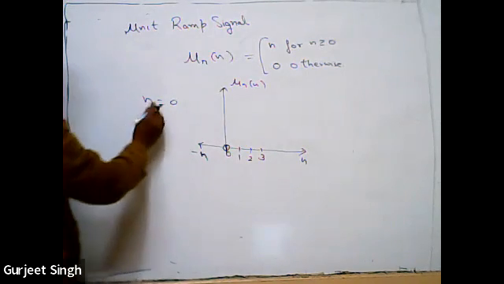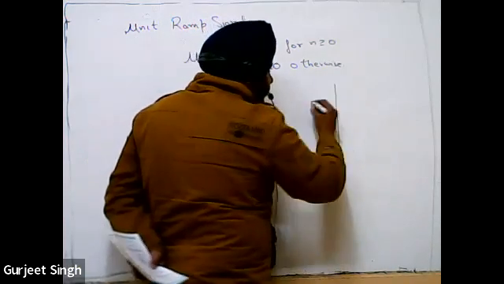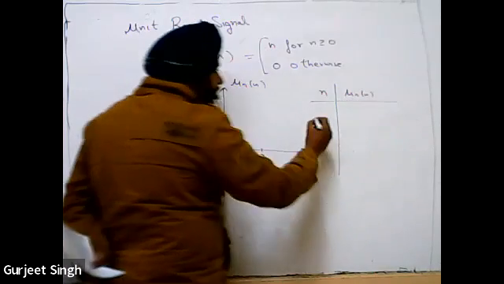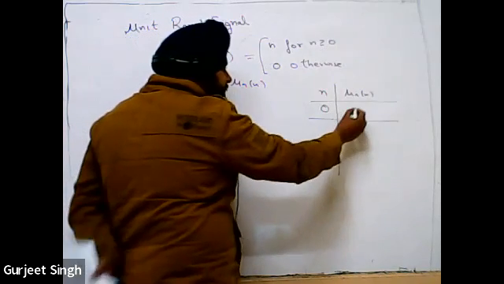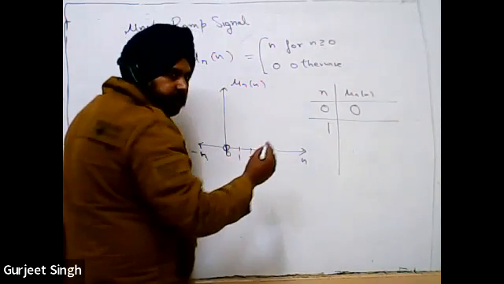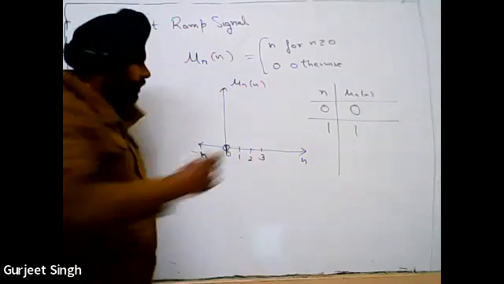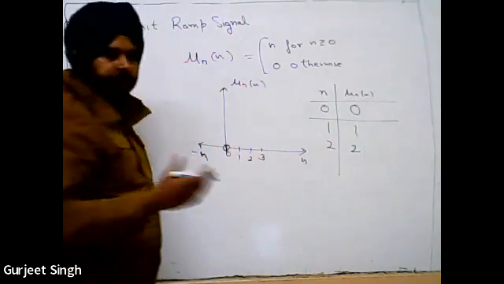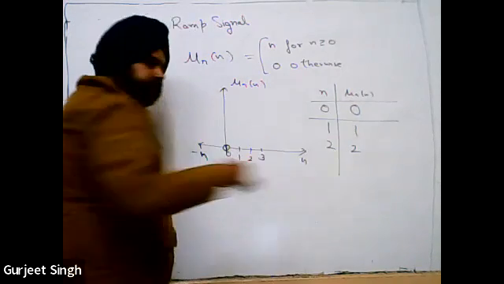I am writing here n, and here I will write down U R(n). Now I take n equal to 0, U R(n) is 0. If I take n equal to 1, U R(n) value is 1. If I take n equal to 2, U R(n) value is 2. So whatever n I take, the U R(n) value is the same.